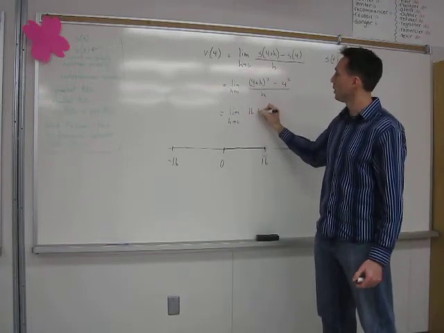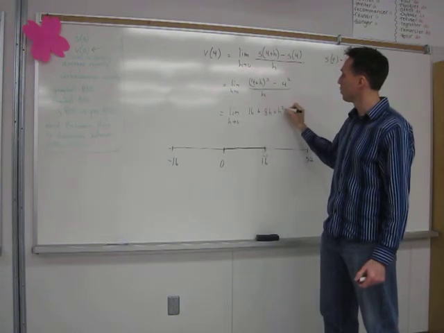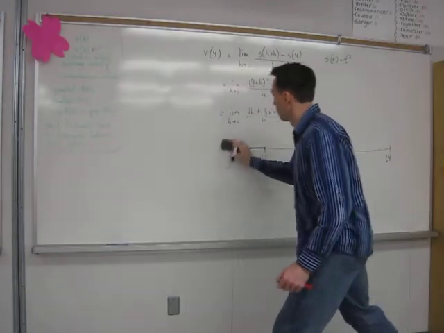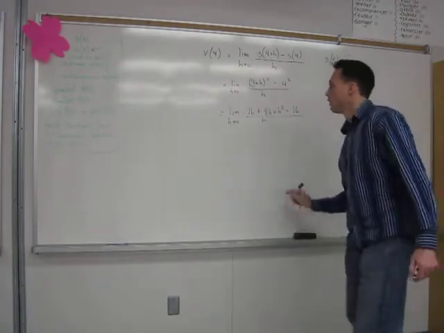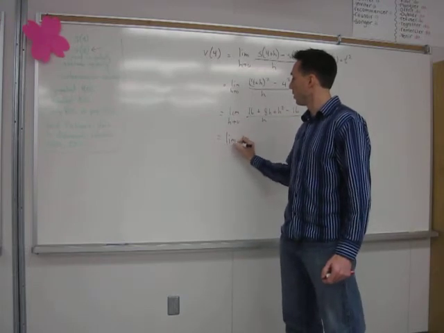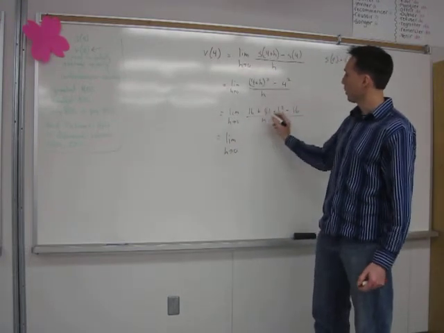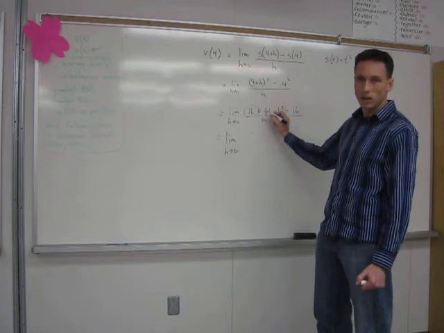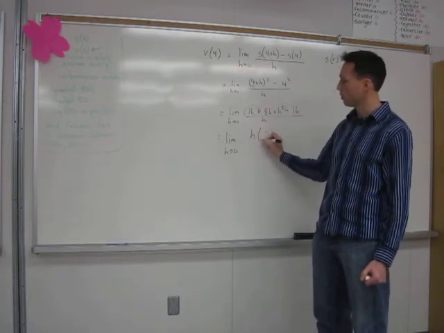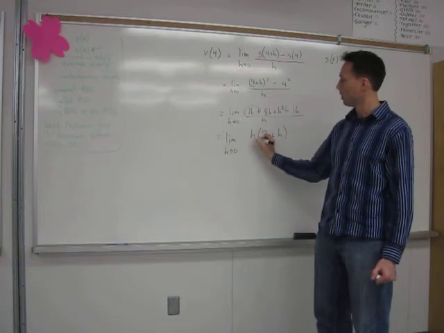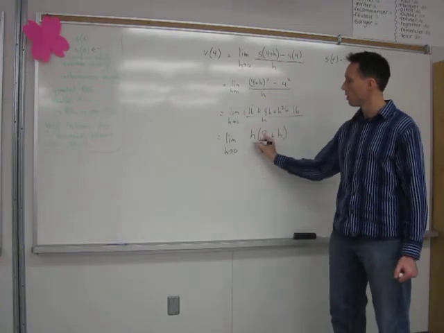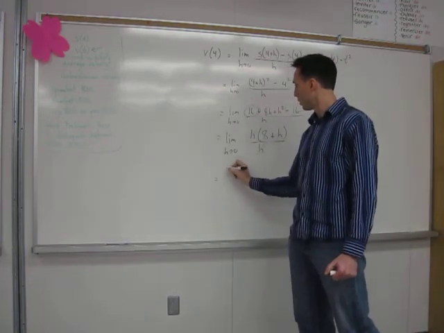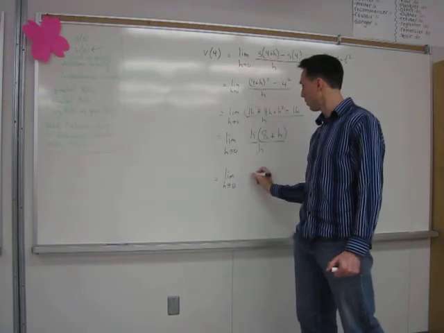This is going to be 16 plus 8h plus h squared minus 16 all over h. So we can say that limit as h approaches 0, 16 minus 16, these guys cancel. Goodbye. We have, and I'm going to take out an h from what's left, because we know that we always end up doing that anyways. 8 plus h times h. So this is 8h plus h squared all over h. These guys cancel just like we knew they would. Equals the limit as h approaches 0 of 8 plus h.